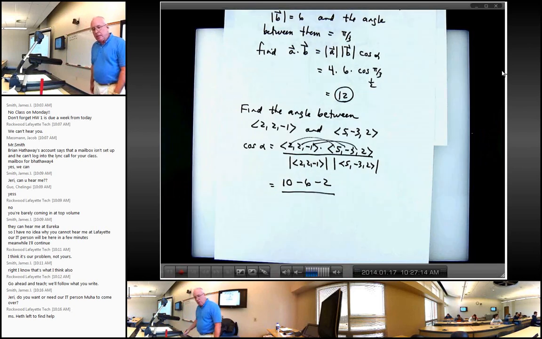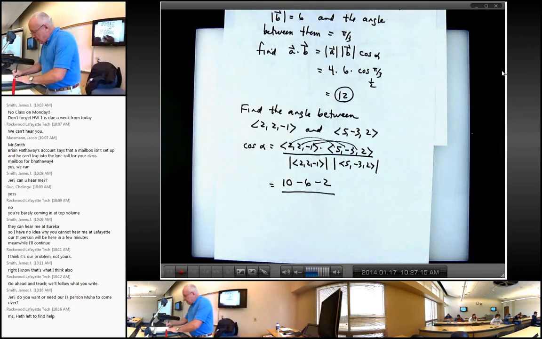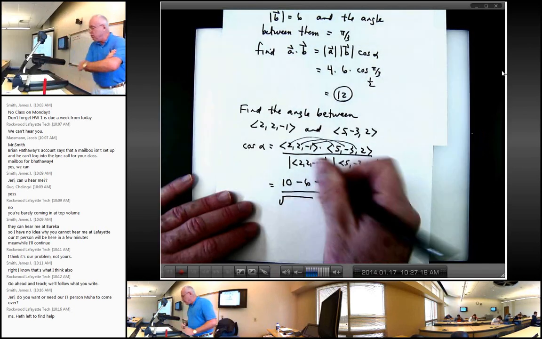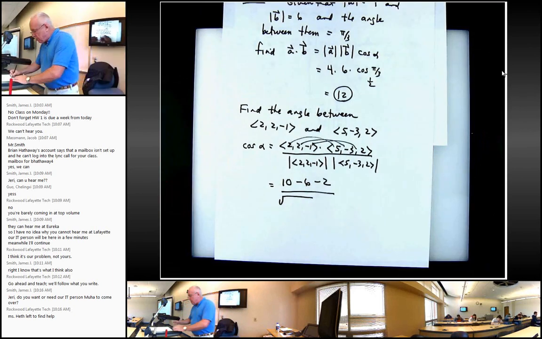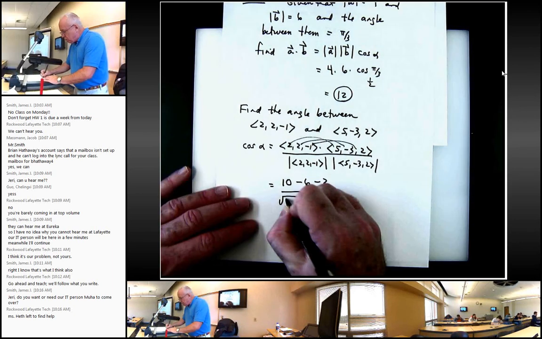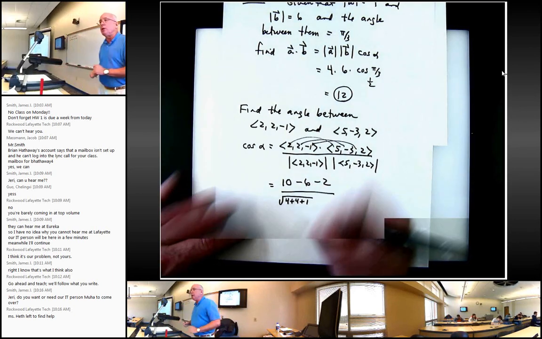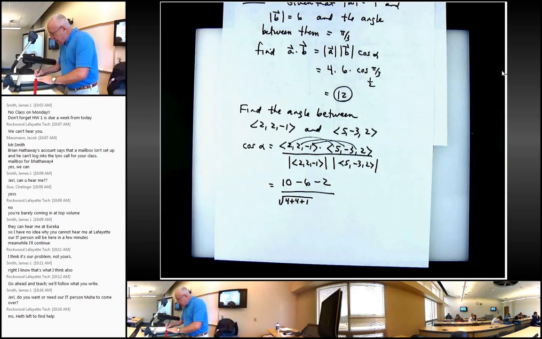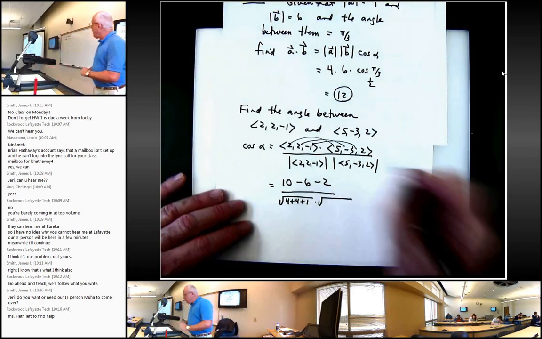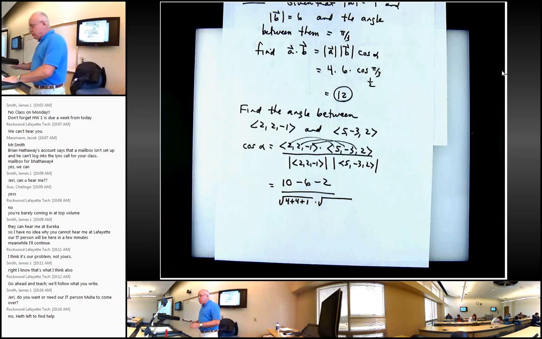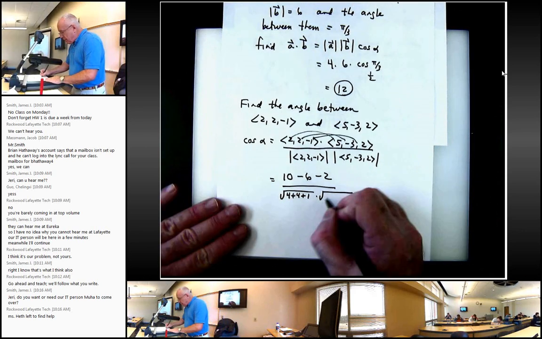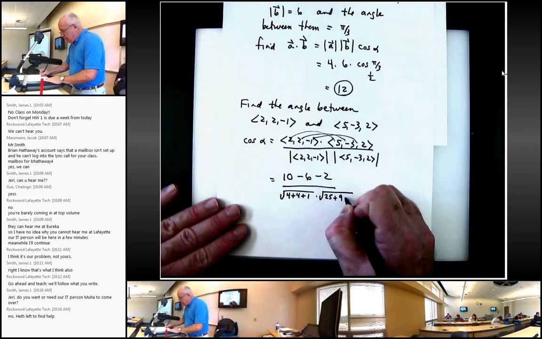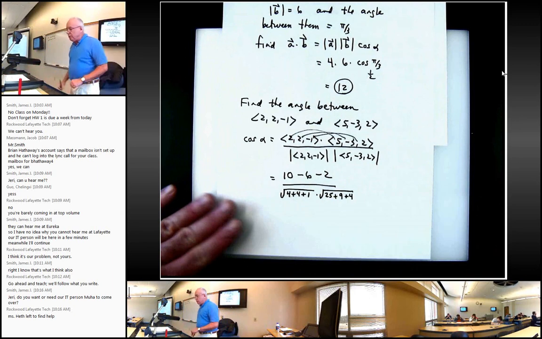And then the magnitude of 2, minus 1, 2 is going to be what? 4 plus 4 plus 1 under the square root, right? We square all the components. Times the magnitude of 5, minus 3, 2, which is 25 plus 9 plus 4 under the square root.